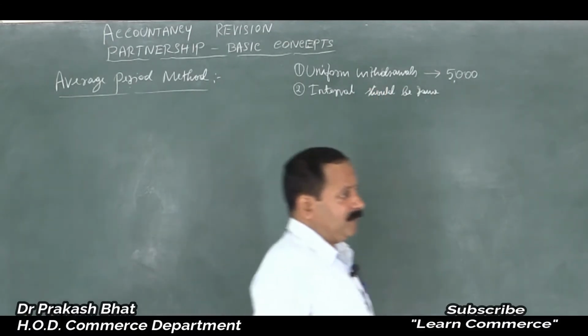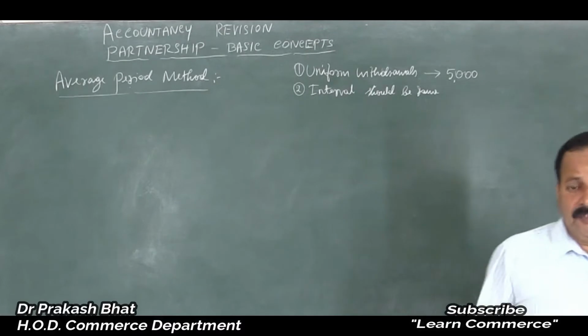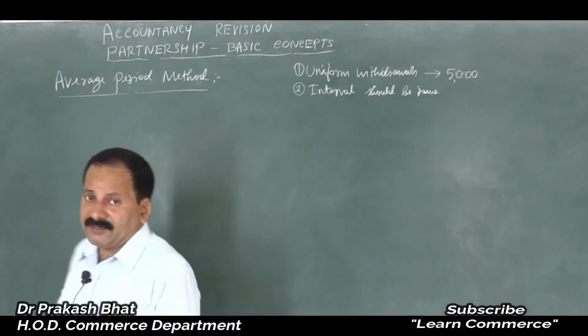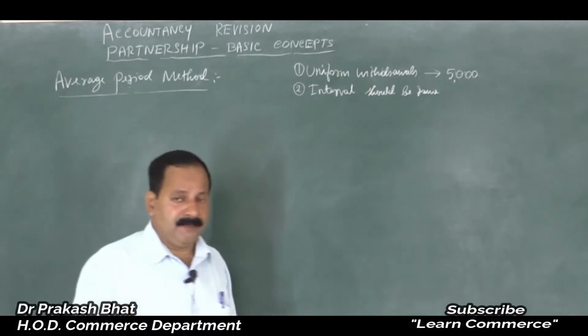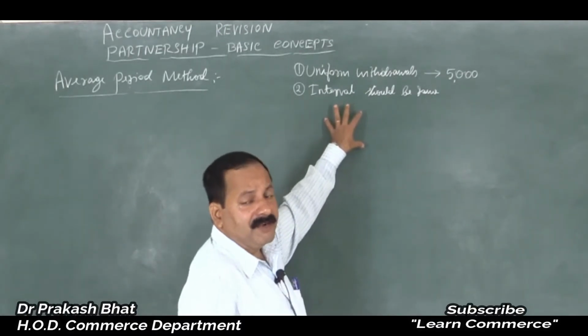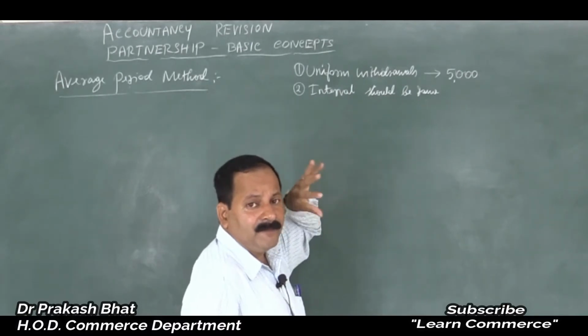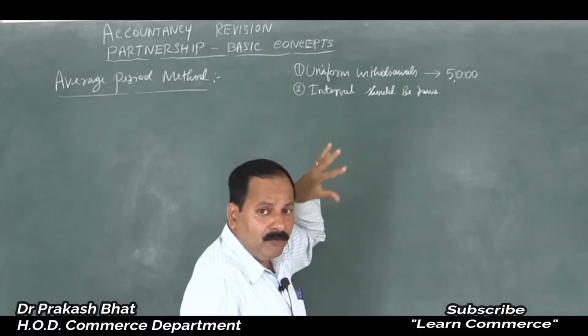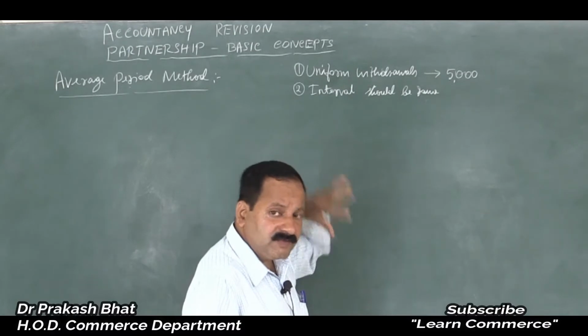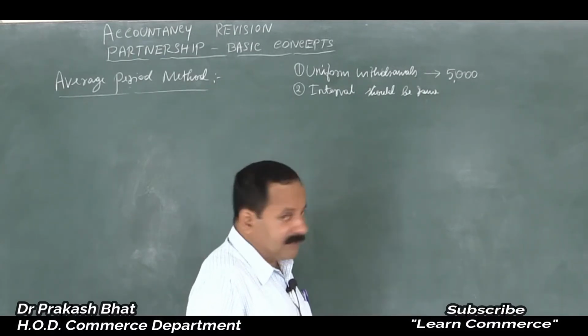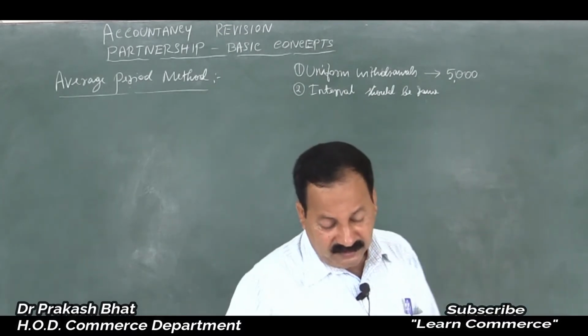I will give you an example. Mr. X has withdrawn rupees 5,000 at the beginning of each month throughout the year. Here average period method can be followed because the time gap between all the withdrawals is same and the amount withdrawn is also same, 5,000 each, right? So that is the average period method.